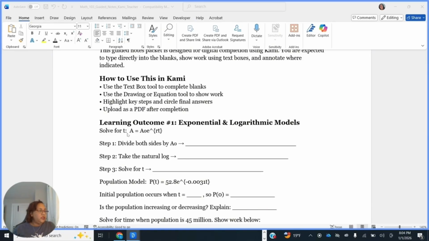So you're going to have A divided by A sub 0 equals e to the RT. Then in step 2, you're going to take the ln of both sides so that the e goes away, right? With the power property, you bring the RT in front, you do the ln of e, and then you divide everything by r, okay?